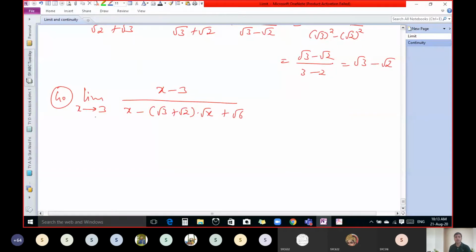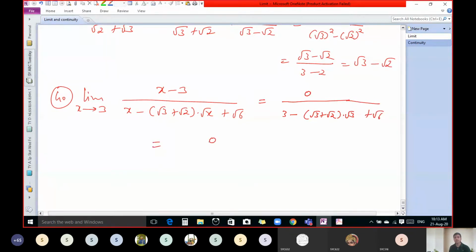Okay. Now see, if we put x equal to 3, so we get 3 minus 3. That means 0. Upon, if we put x equal to 3, what we get? 3 minus this root 3 plus root 2 into root 3 plus root 6.